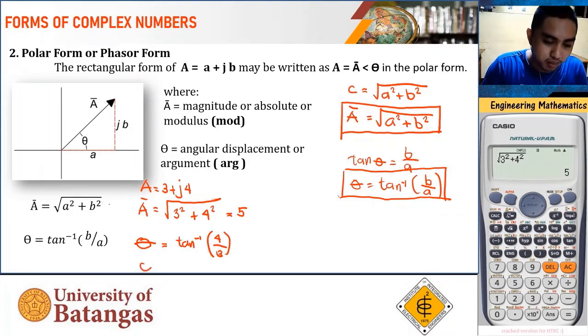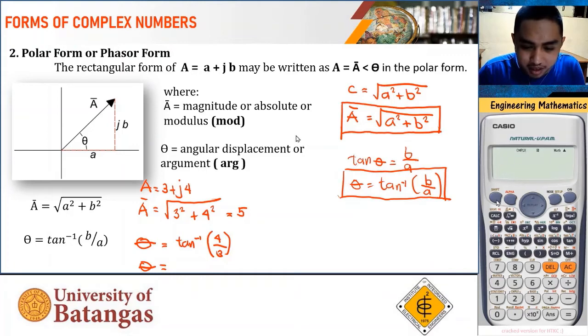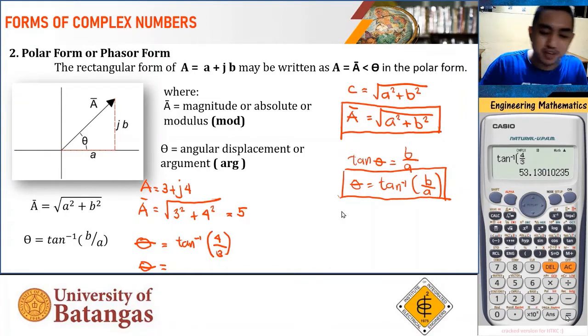So, kapag pinindot natin sa calcu, shift tangent ng 4 over 3. Okay, so our answer will be 53.13. Okay, so ito ay 53.13.